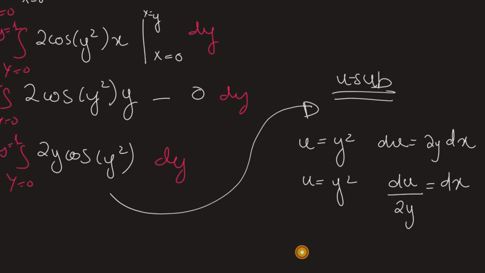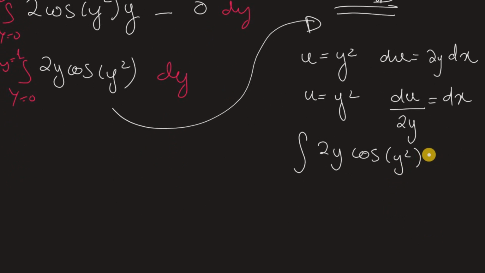Now we can integrate this 2y cosine y squared. Oops, sorry, not dx, dy, because we're integrating with respect to dy, not dx.